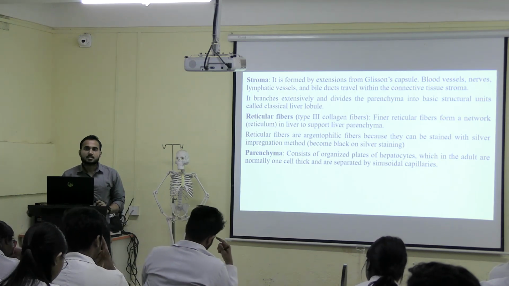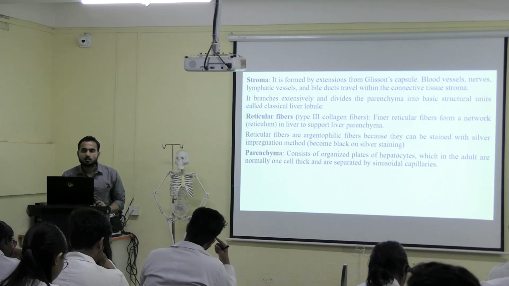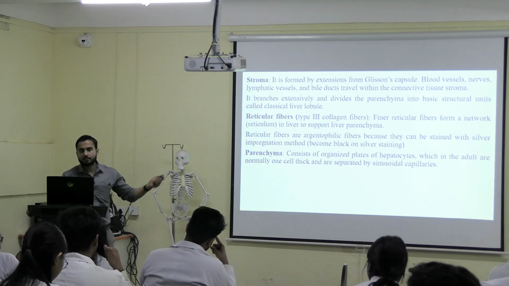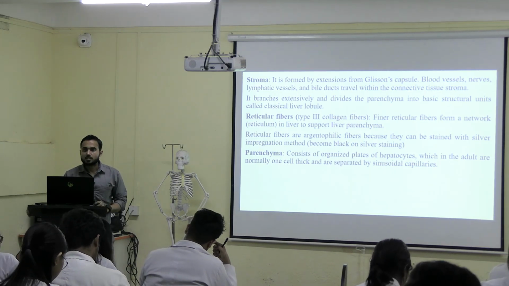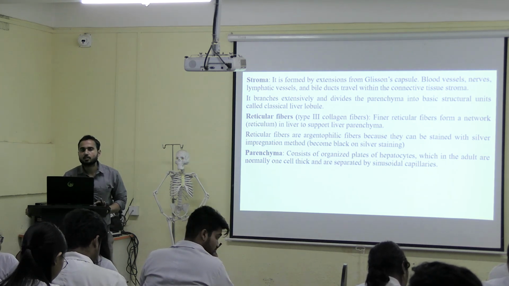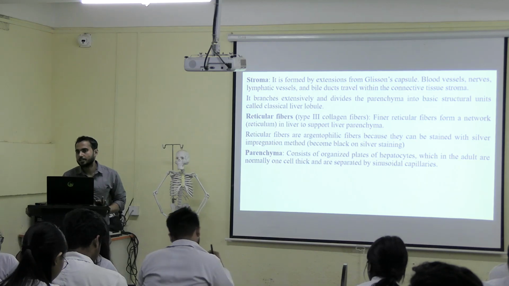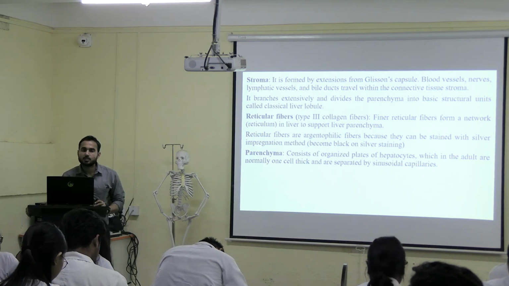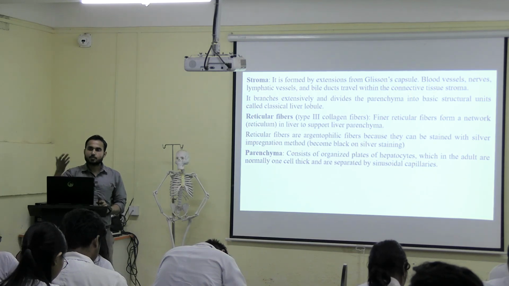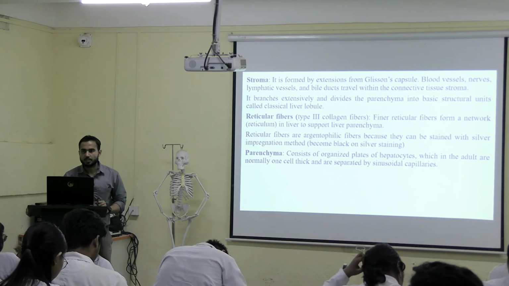Next, what is present? Next are the reticular fibers. How are they arranged? They are arranged in the form of a network, also called reticulum, and they are supporting the parenchyma. So this is how the supporting part of the liver is organized.